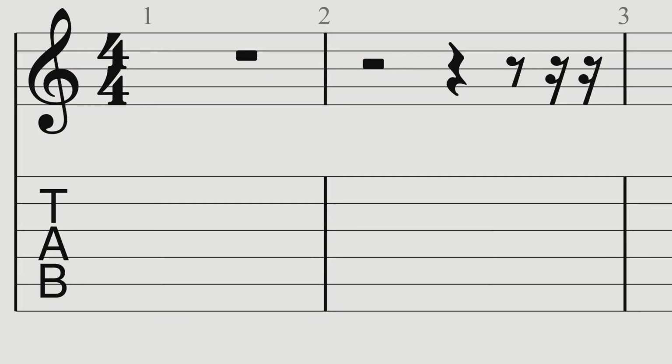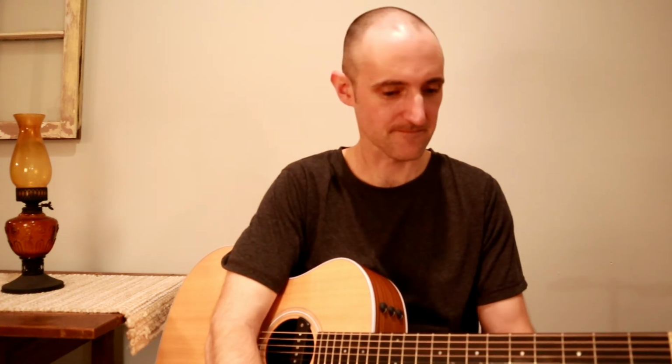And then those next 2 symbols are an 8th rest and a 16th rest. You can tell because the one has one dot with a little line connecting, the other one has 2, just like the 8th notes or the 16th notes have 1 flag or 2 flags, those correspond, so that helps us to remember that.